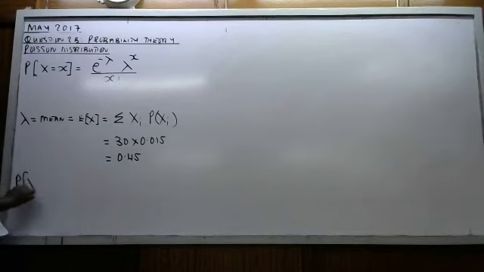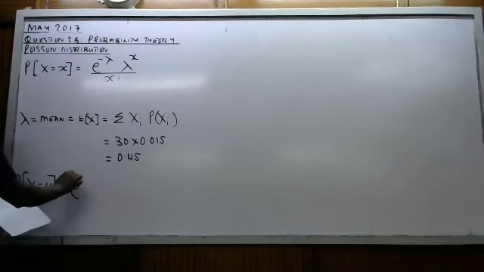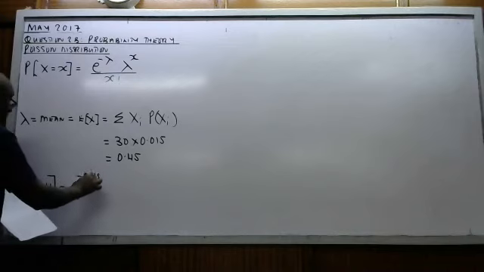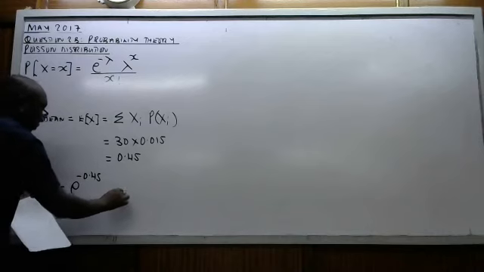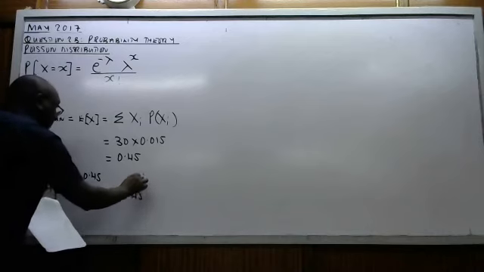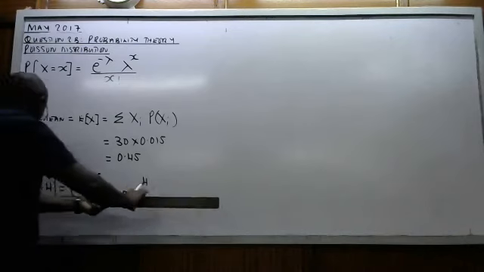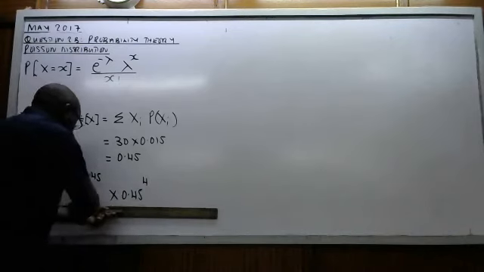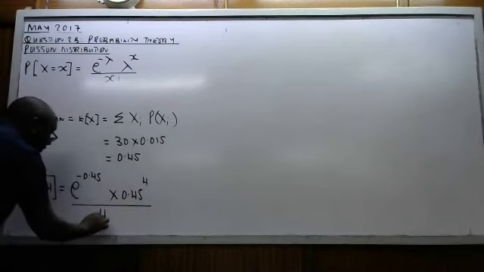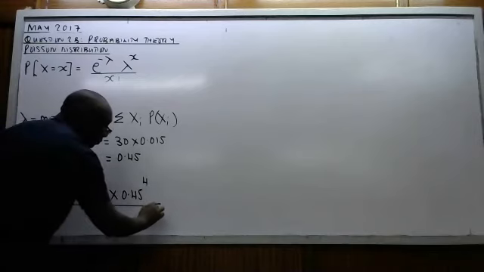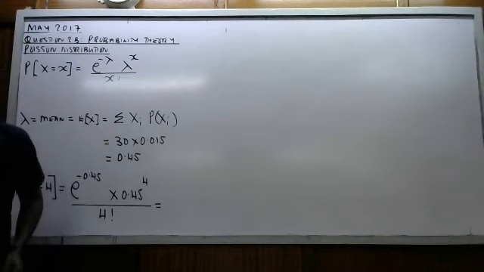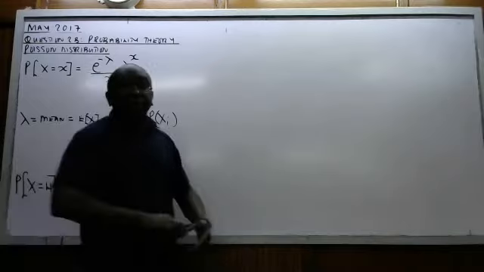So probability that x is equal to 4 will be equal to e raised to power minus 0.45 times 0.45 raised to power 4, divided by 4 factorial.